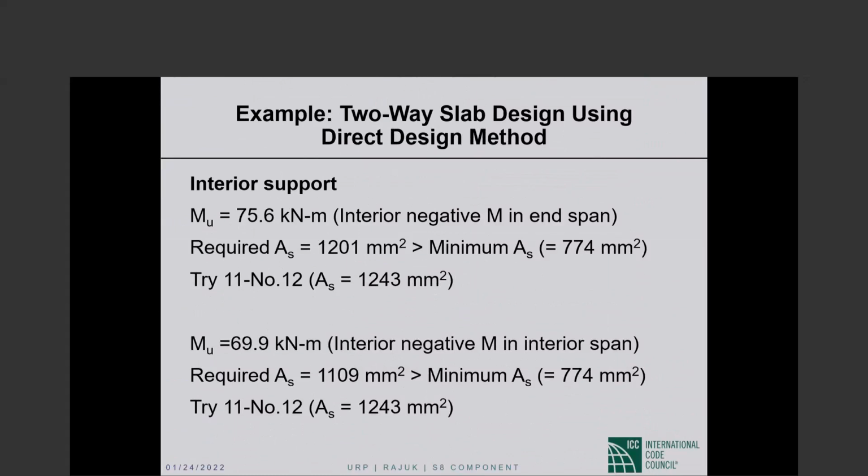Okay, so we go from the exterior support section now to the interior support. The bending moment at the interior support, on one side it is 70% of M sub 0, on the other side it is 65% of M sub 0. 70% of M sub 0 comes to 75.6 kilonewton meters, 65% comes to 69.9 kilonewton meters.